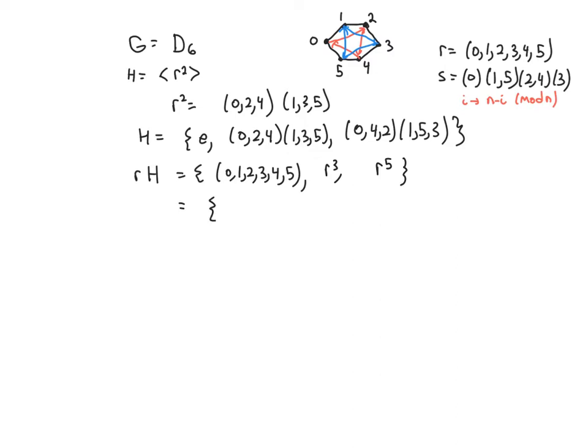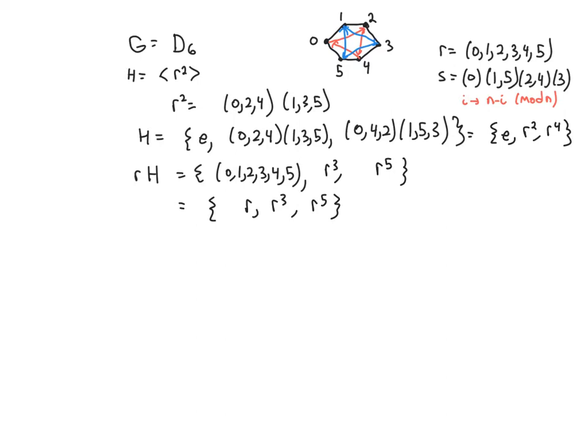So to make our lives easier, maybe I'm going to write it in the notation of powers of R for right now, and see if that might help. Sometimes it's easier to write things down as permutations, and sometimes it's easier to write it in terms of powers of R and S. So there's one coset.